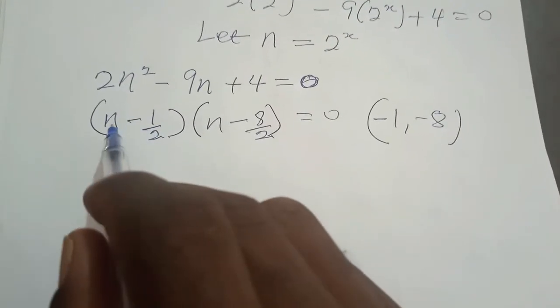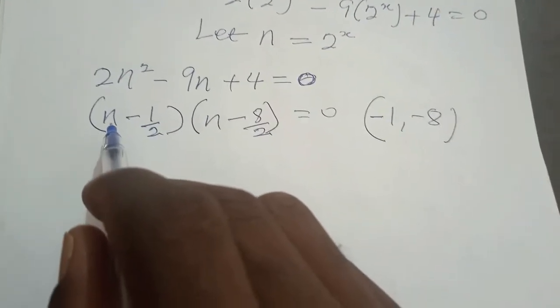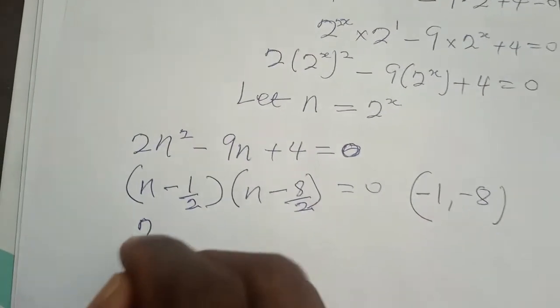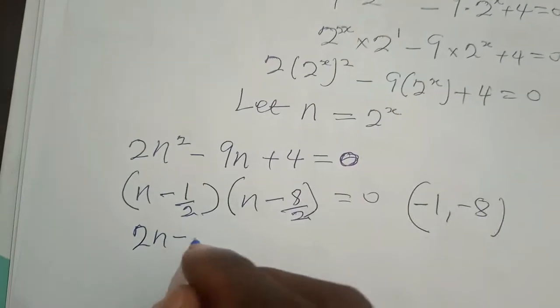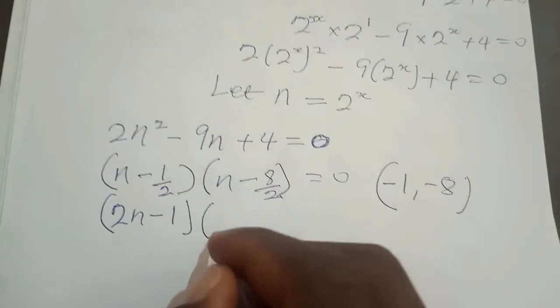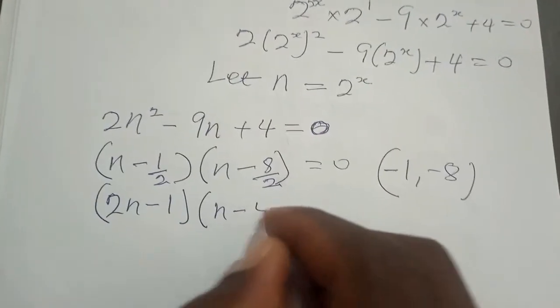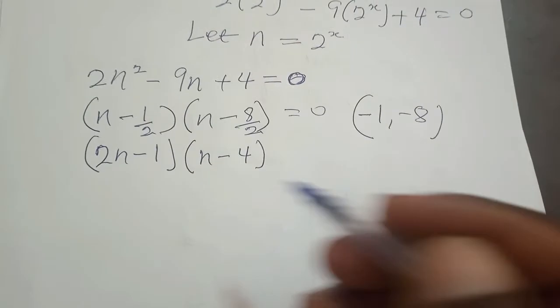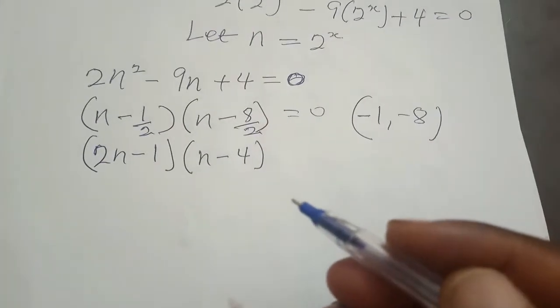So I'll multiply this one with the 2, which is the denominator, and this one with the 2 to get 2n minus 1 as this factor. Then here, I'll get n minus 4 because 8 divided by 2 is 4, which is not a fraction, equal to 0.